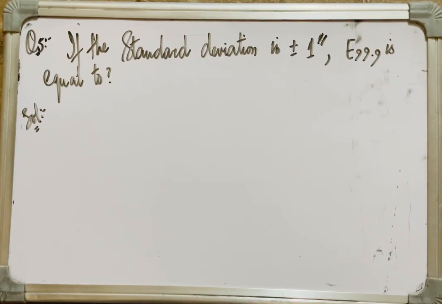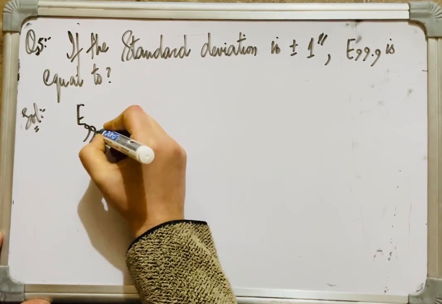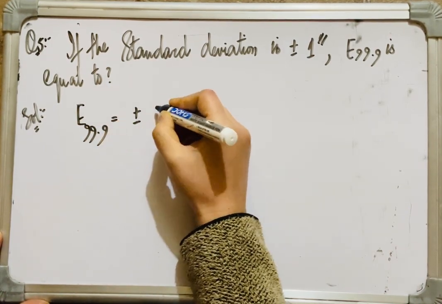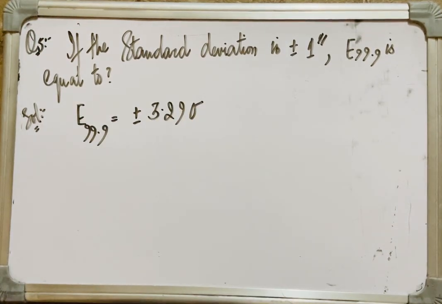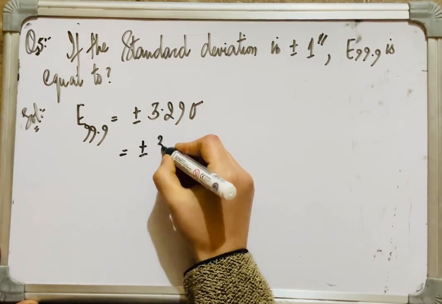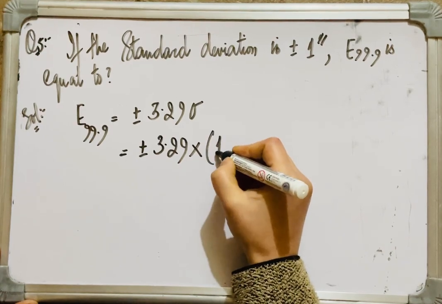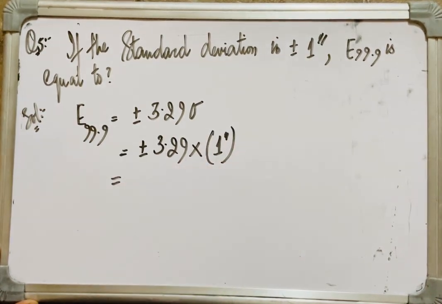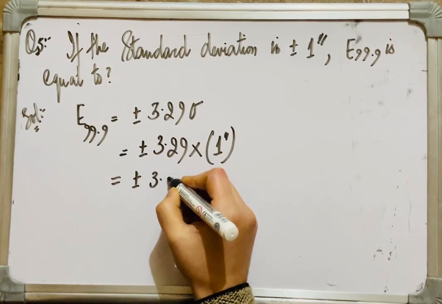We know that E 99.9, or 99.9% error, is known as the maximum error, and it's equal to plus minus 3.29 times the standard deviation, or the standard error. So this is equal to plus minus 3.29 times the standard deviation, that is given as 1 second. So E 99.9 is plus minus 3.29 seconds.